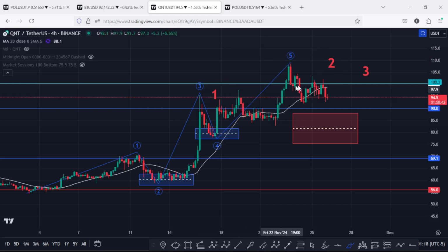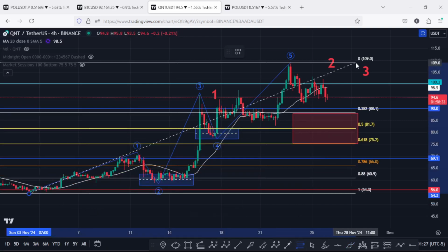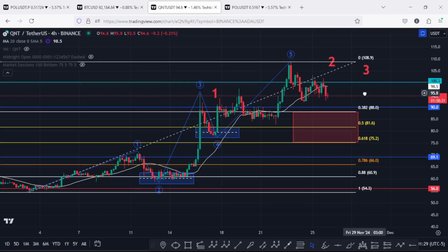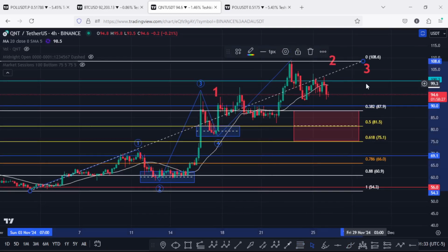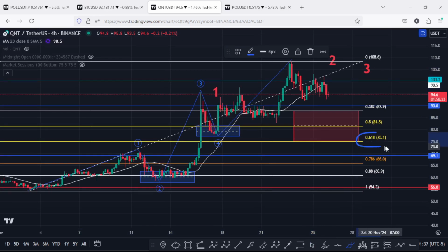And the minimum target areas for the second wave can be given by connecting the Fibonacci from the low of the first wave to the high of the wave 1, giving me a minimum target area for that second wave between the fib level 0.382 and the fib level 0.618, and that is between the $75.1 and the $87.9, which is the area that I have marked here on the charts.